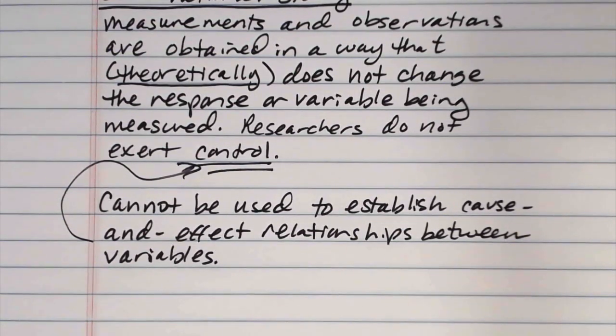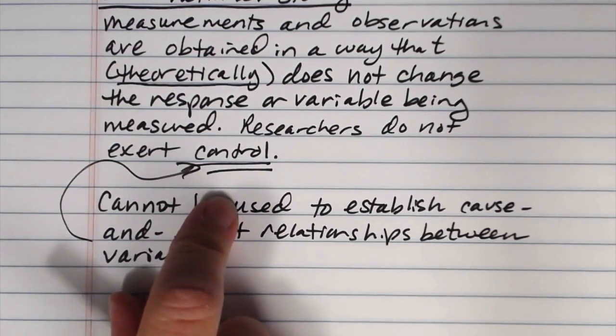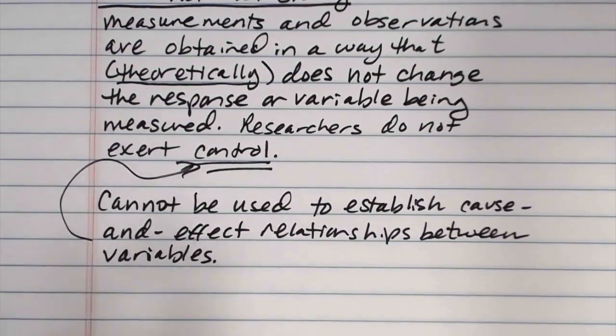Even if at the end of that study I'm able to show that people with healthier diets have less heart disease, I can't say that it's because of the healthier diets, because I didn't control any other sources of variability. It's possible that if heart disease was lower in individuals with healthier diets, that it was because of the diet. It might also have been because of exercise or other genetic factors.